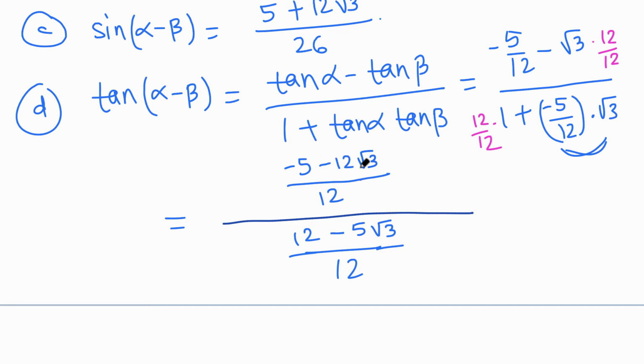So we keep this fraction, change the division into multiplication and flip. Flip means 12 goes on the top. So I'm going to skip one step. When you flip, the 12s cancel. And the rest is the answer. So whatever is left over, negative 5 minus 12 root 3 on the top divided by 12 minus 5 root 3.